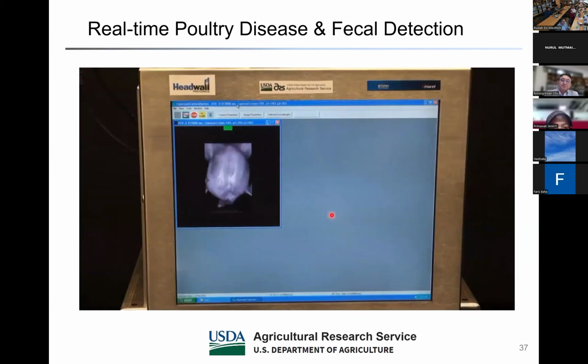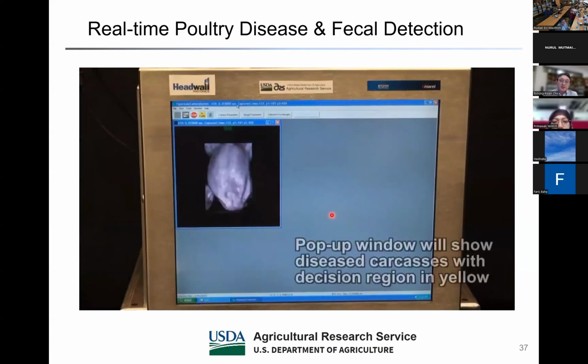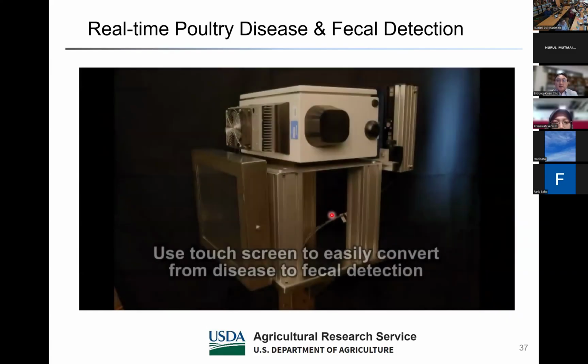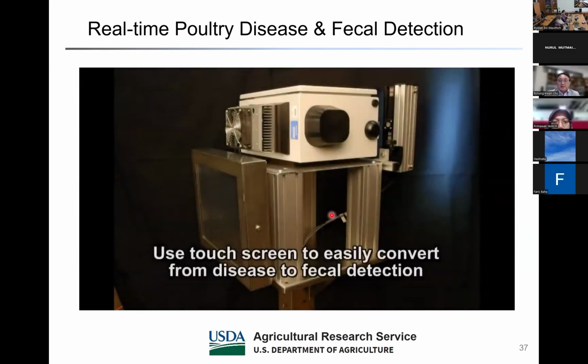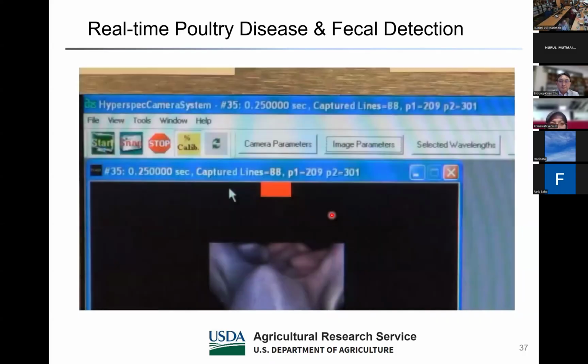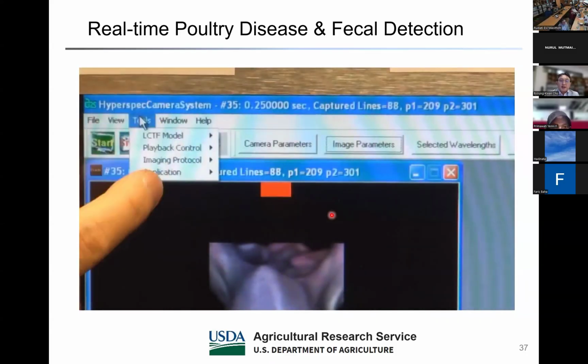Again, close-up images. It's very difficult to identify the abnormal parts using naked eyes, but using hyperspectral images, you can identify the disease area correctly. And another one is fecal detection on the surface of poultry. It's very similar.